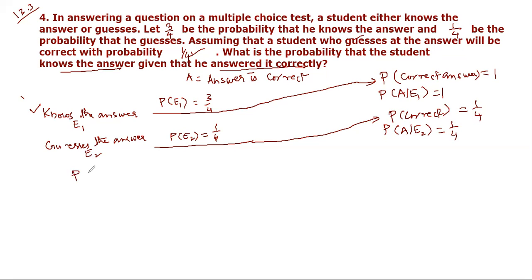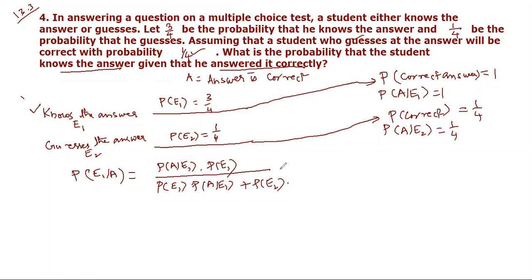So we have to find the probability of E1 given A. By Bayes theorem, that is probability of A given E1 into probability of E1, divided by probability of E1 into probability of A given E1, plus probability of E2 into probability of A given E2.